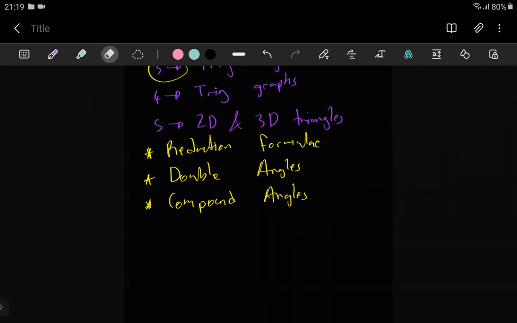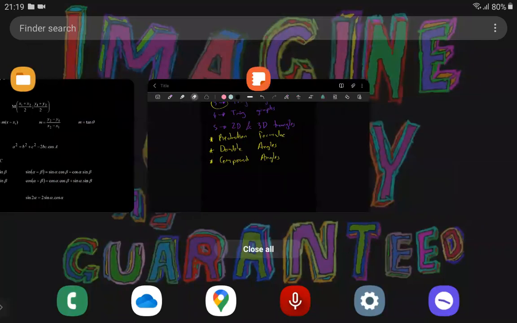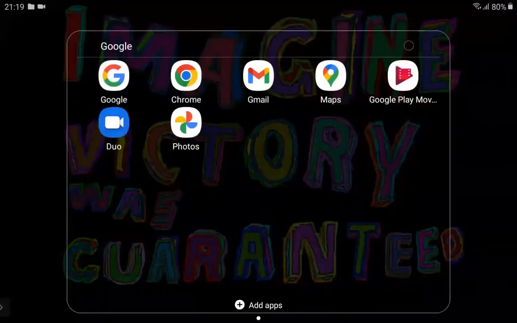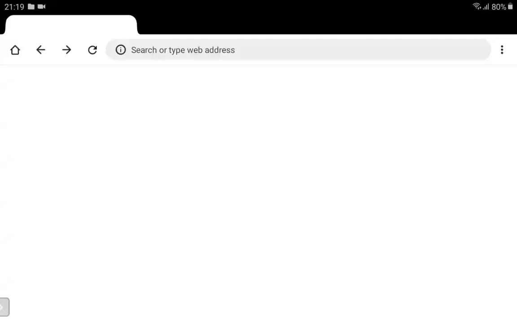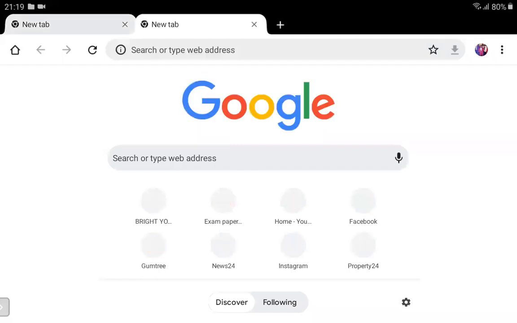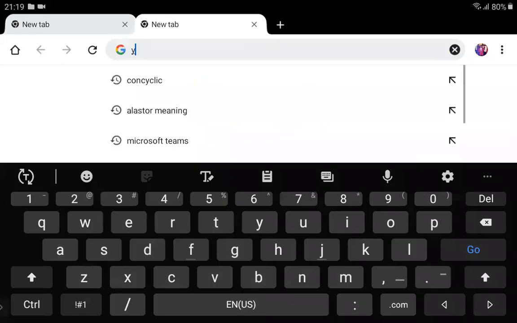Now, in terms of learning all these different tools, the first thing I definitely recommend is something you can do simultaneously.